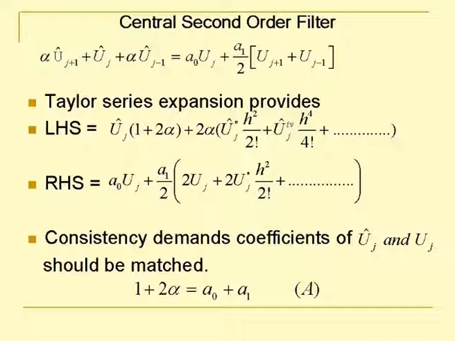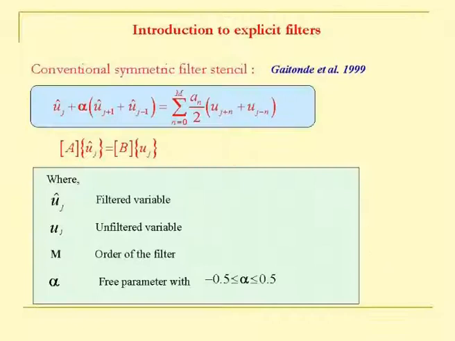On the left hand side you have this coefficient alpha, which we call the filter coefficient. We identified the range of alpha to be between minus half and plus half. Why?